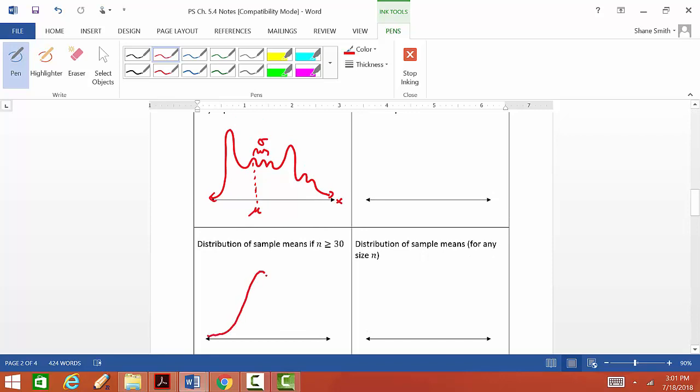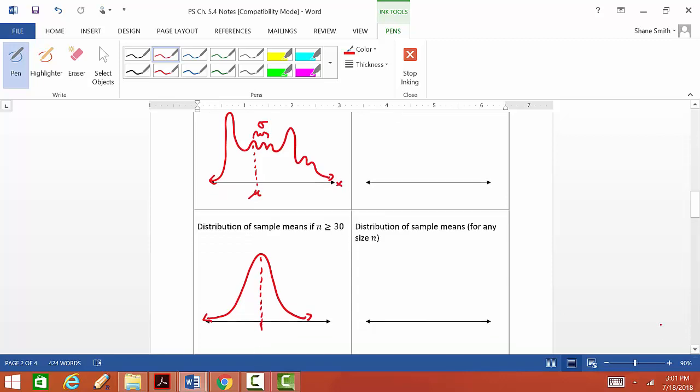It turns out that as long as your sample size is greater than or equal to 30, your mu sub x bar is equal to your mean, sigma sub x bar is small, and do you see the bell shape? It's approximately normal.